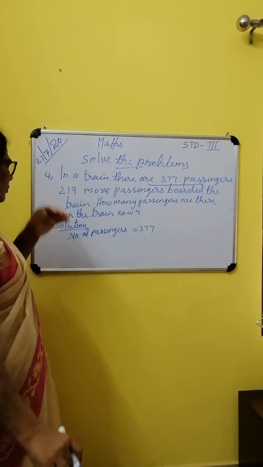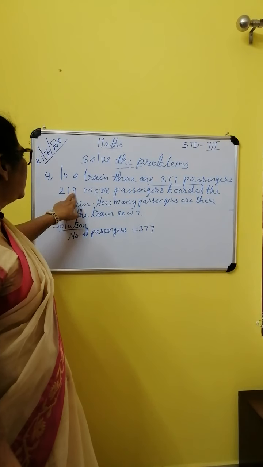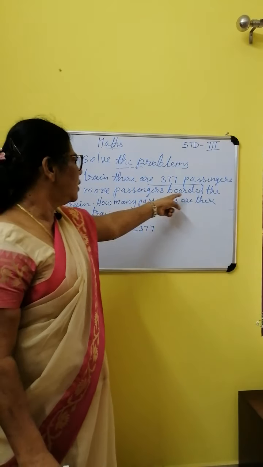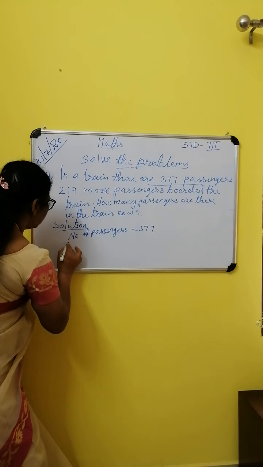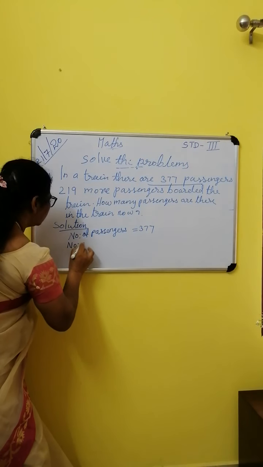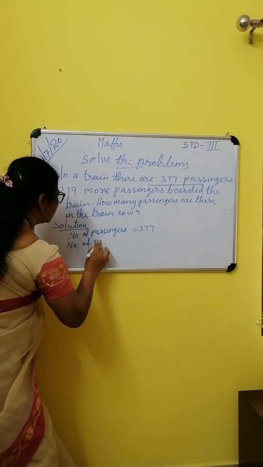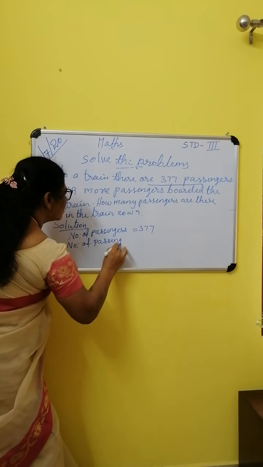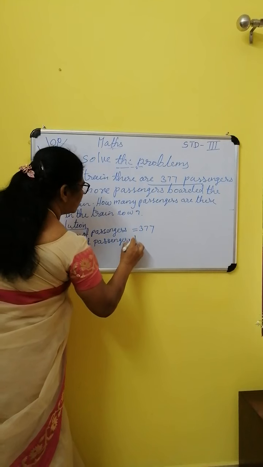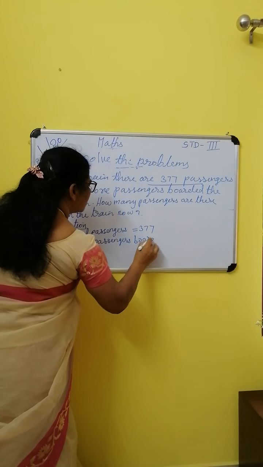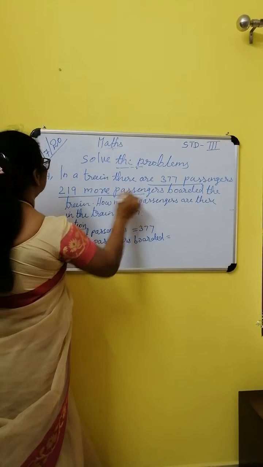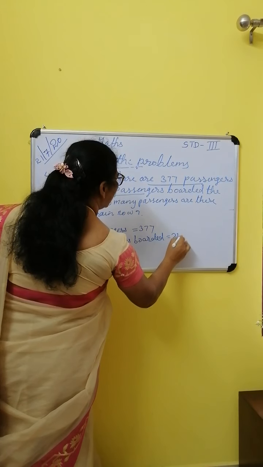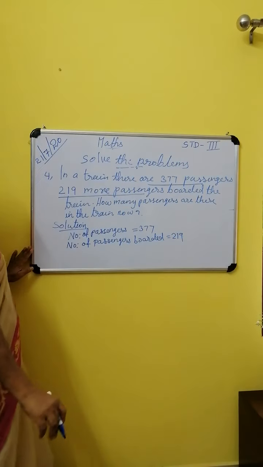377. Then 219 more passengers boarded the train. So, number of passengers boarded equal 219.